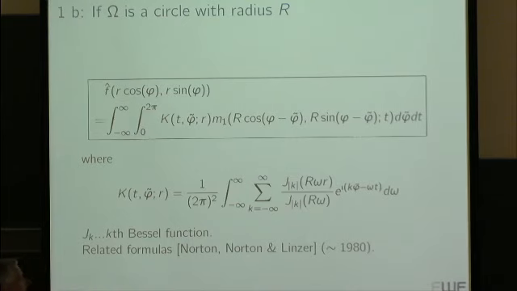So here it's again some sort of convolution, but instead of the Fourier integral, you now have a series expansion where the Bessel function comes, and these Bessel functions just come because you use spherical coordinates.